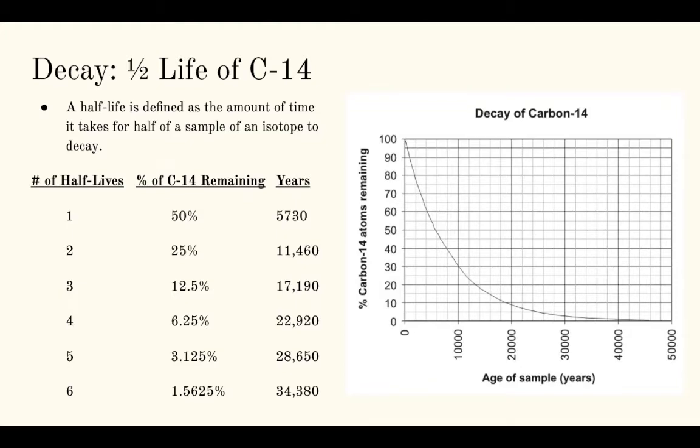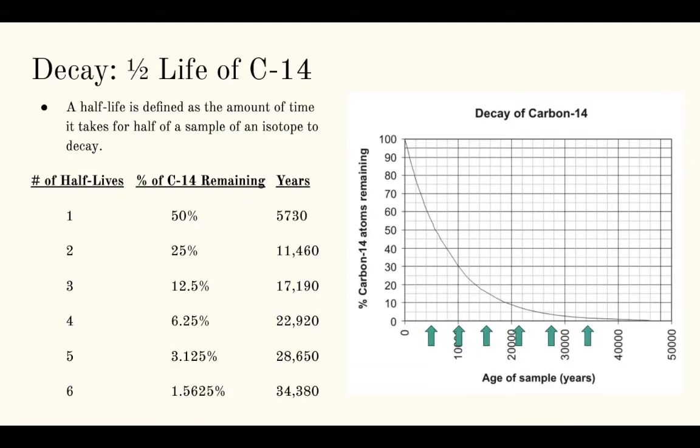So that means after we die, it will take 5,730 years for 50% of our carbon-14 atoms to decay into nitrogen. And looking at this chart here on the right, it only takes 5 or 6 half-lives until we're down below 3 and 1.5% of the carbon that's left.